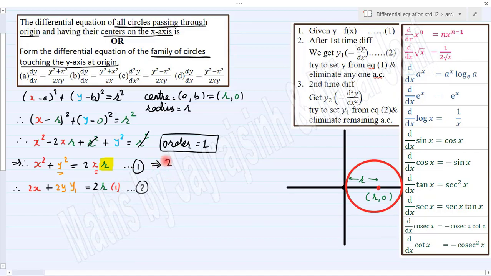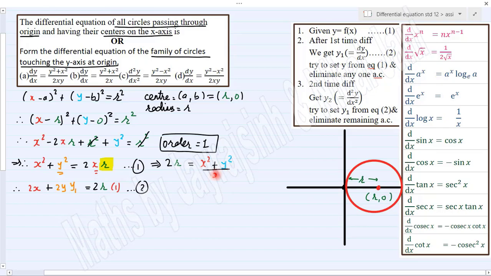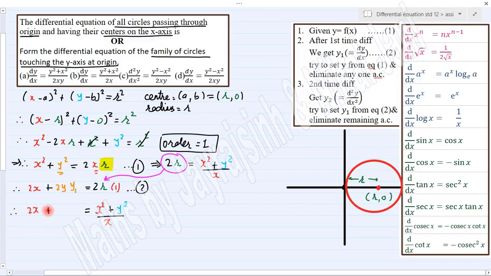From first equation we can say 2r is equal to x square plus y square upon x. Substitute this value on the right hand side. We will get x square plus y square upon x is equal to 2x plus 2y1. Let's move this x on the left hand side.